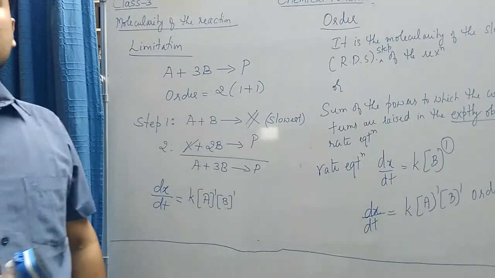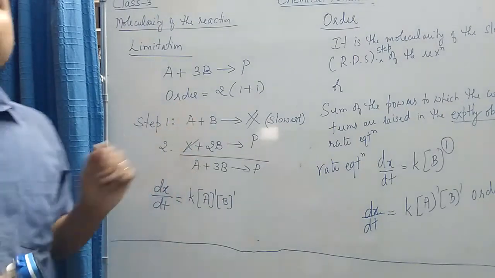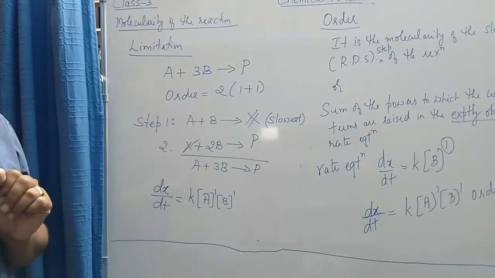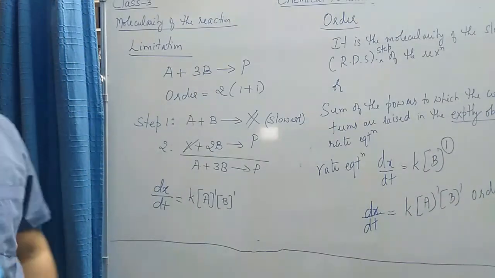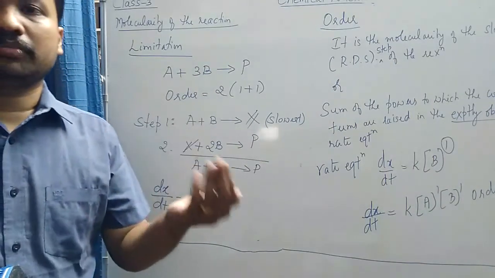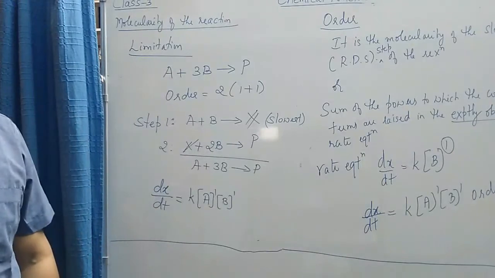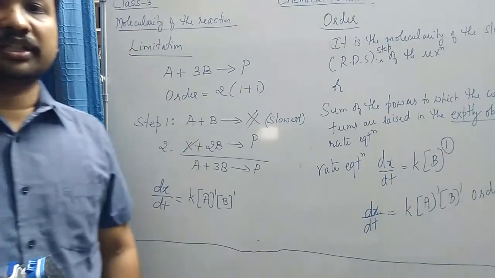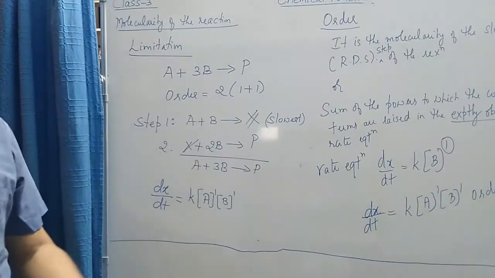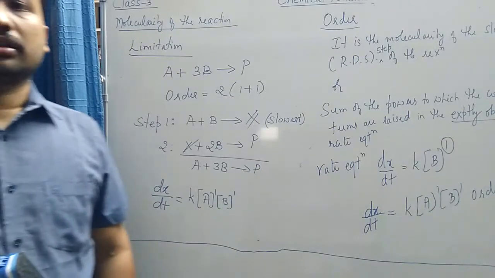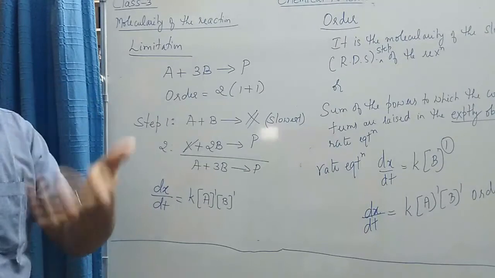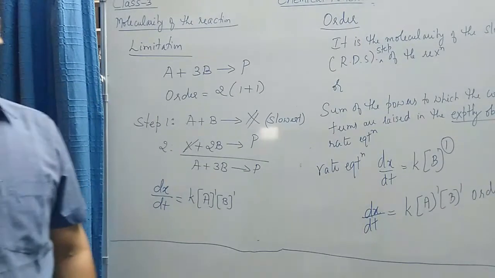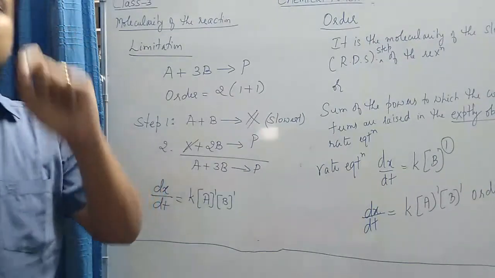So in such cases, based on this data, it is highly impossible to tell what is the correct mechanism. Then in such cases, we have to go for other, complementary methods that you have studied for determining the mechanism, such as spectroscopic method or trapping of intermediates. There are different methods from which you can find out what is the correct mechanism.